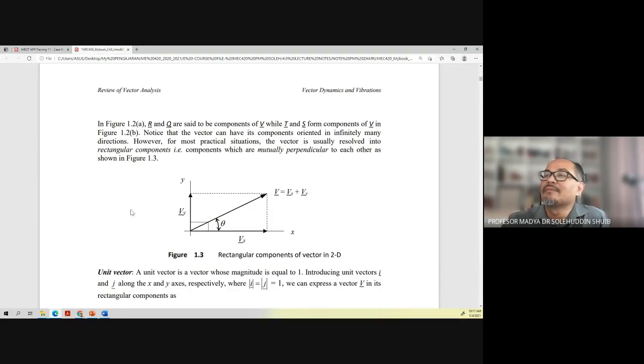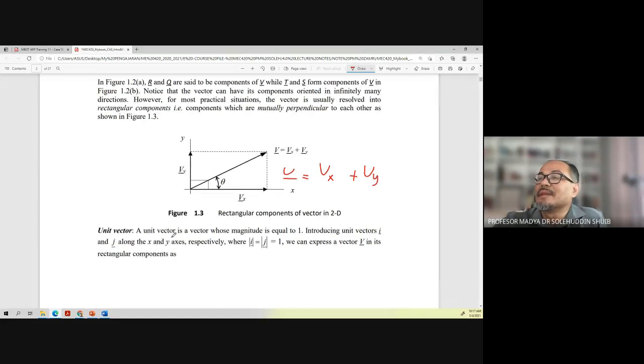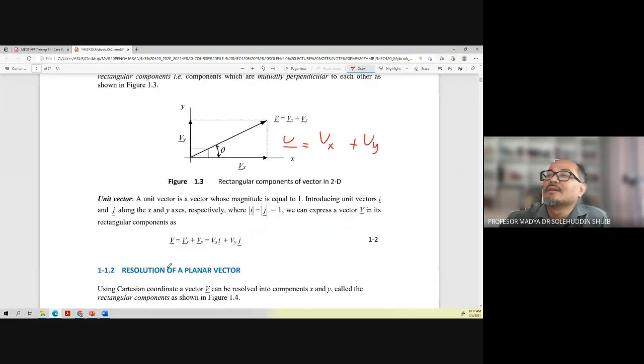So you can have vector v to be vx plus vy. Okay, and then you can find the unit vector of it. When we write this equation in terms of unit vector, a unit vector means a vector whose magnitude is equal to 1.